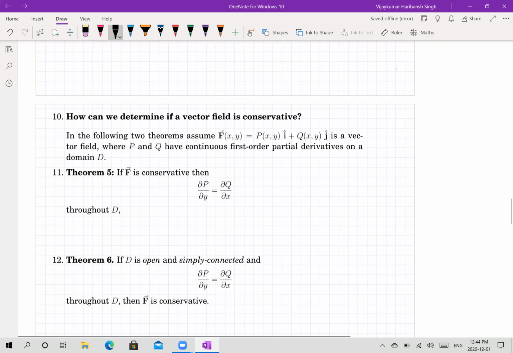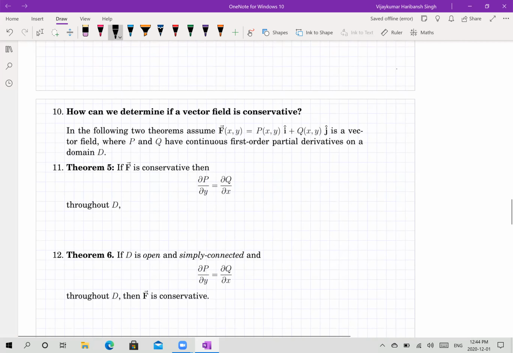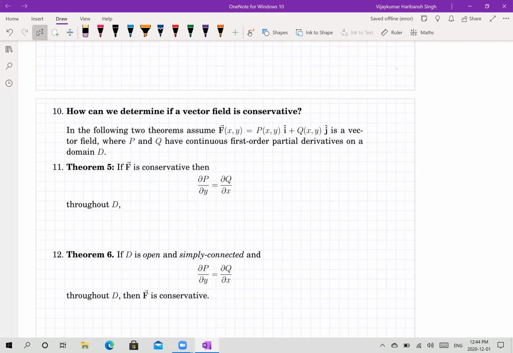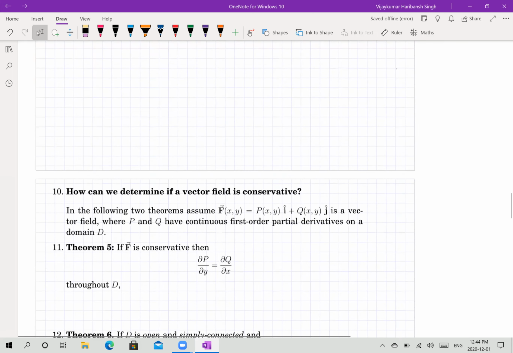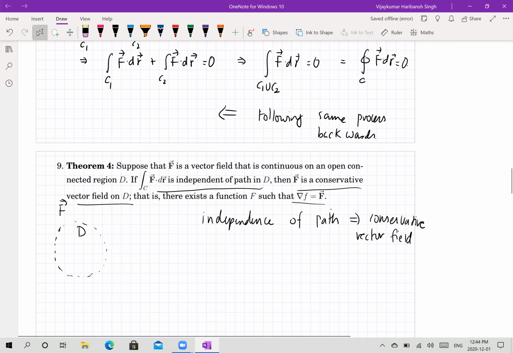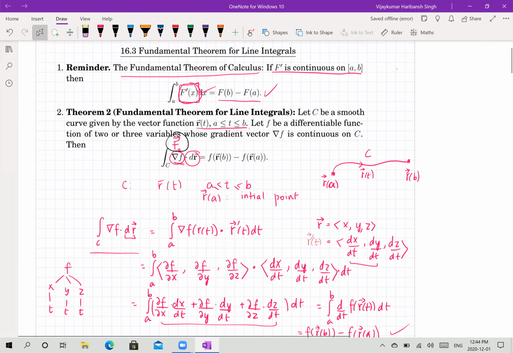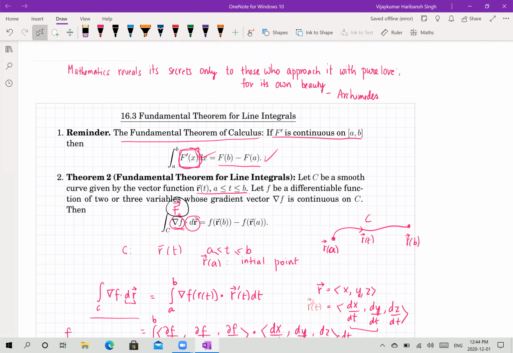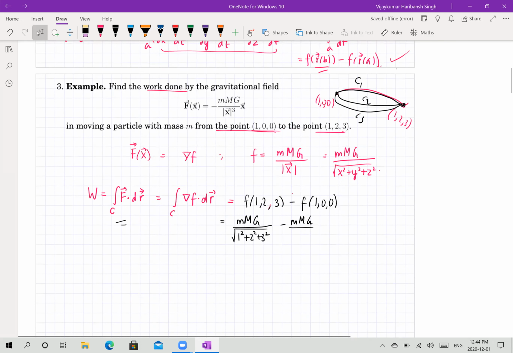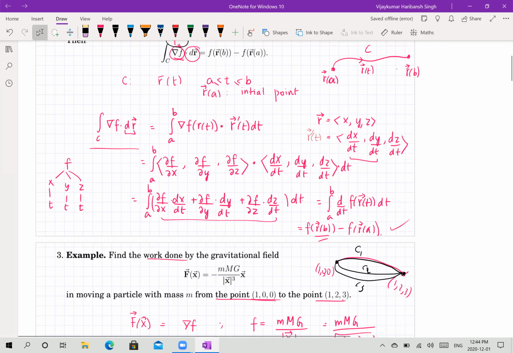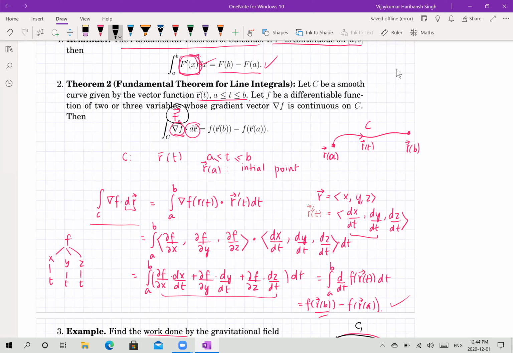So then the question is, how do we decide if the vector field is conservative? Let me retell the story. Why are we doing that? Because we said if your F is grad f, if your vector field is conservative, then the integral doesn't depend on the path.